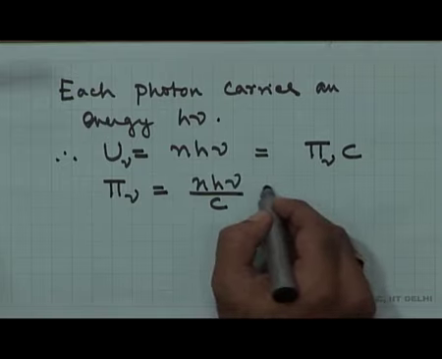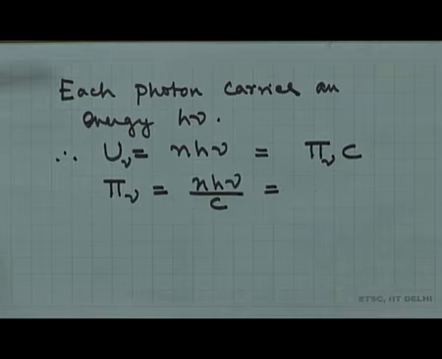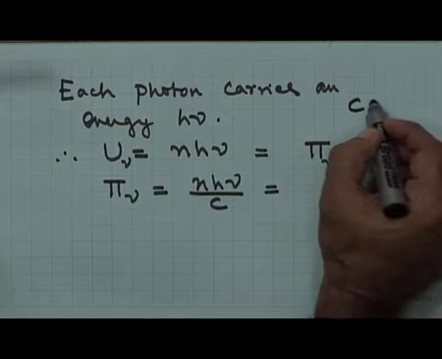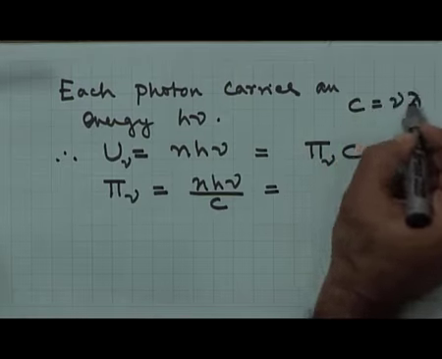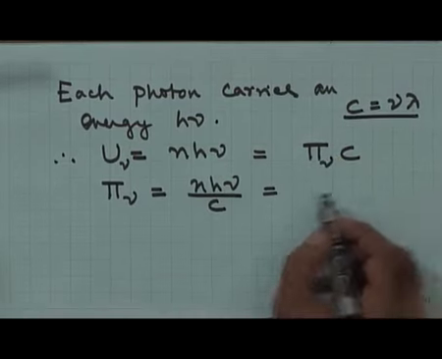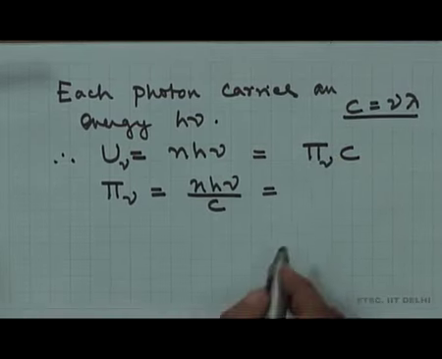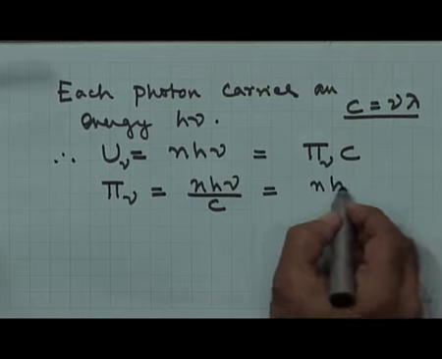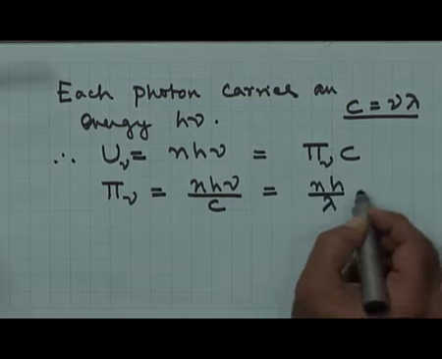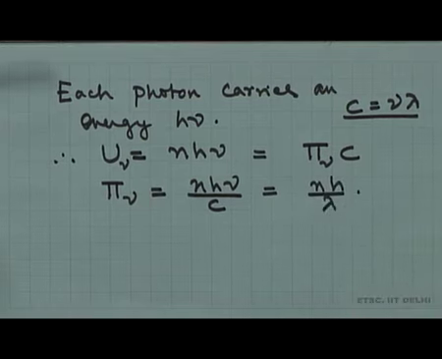And nu by c is nothing but what we are going to get regarding lambda. So, let us remember c equal to nu lambda. Therefore, nu by c is nothing but 1 over lambda, which is n h by lambda. Remember, n is the number density associated with the photons, so many photons.